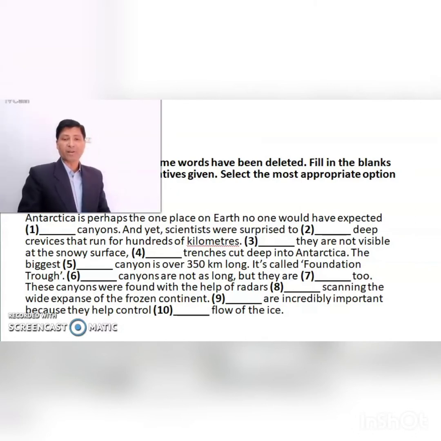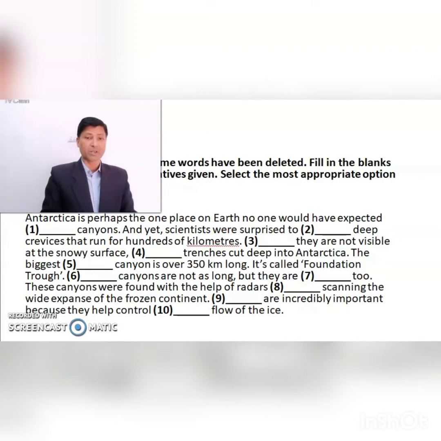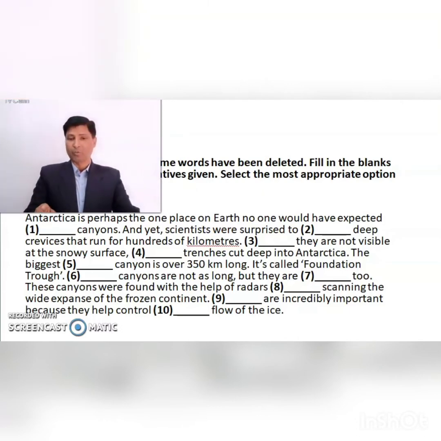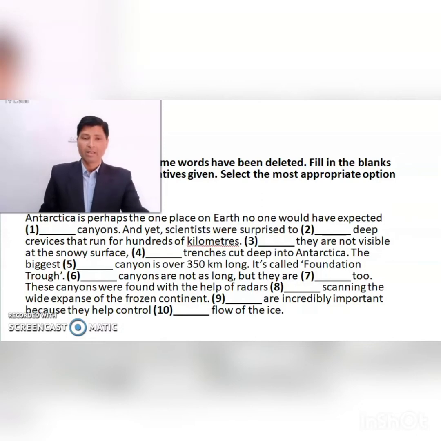These canyons were found with the help of radars. Blank space number 8 you can get. Scanning, what is coming? Scanning is a gerund. It's a verbal noun. So the word coming before scanning must be some preposition, because the preposition is followed by a noun, pronoun, or gerund. The wide expanse of the frozen continent.